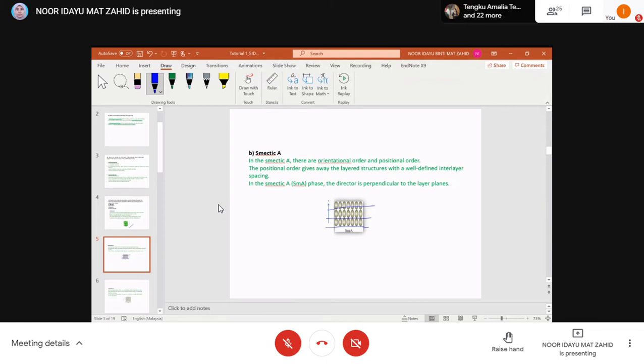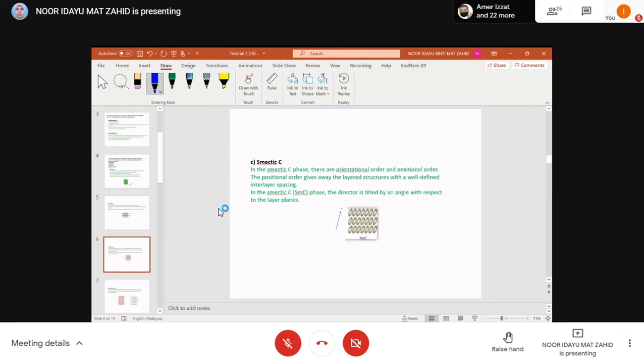In the smectic A phase, the director, the preferred direction for the molecules to point, is perpendicular to the layer planes. So these are the layer planes that I draw here, and you can see that the director is pointed perpendicular to them.